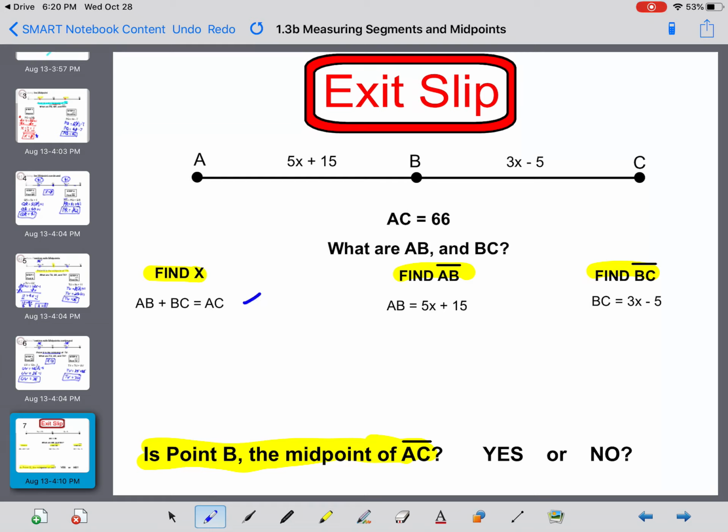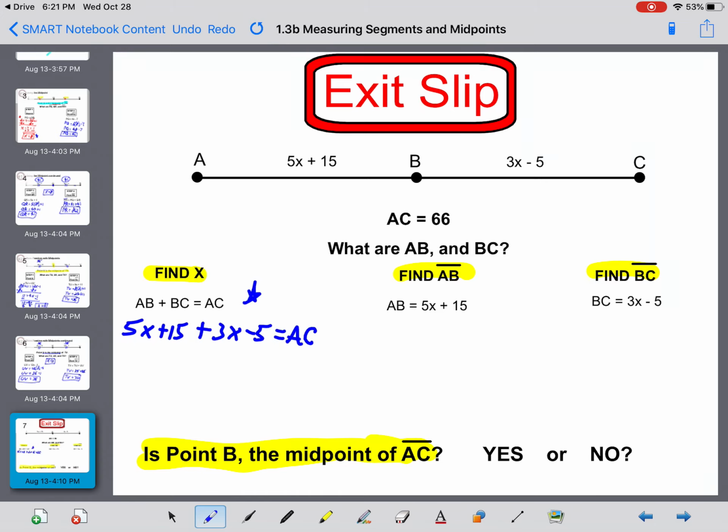So to find x, okay, you have AB plus BC equals AC. All right, so we set them equal to each other. So AB is 5x plus 15 plus 3x minus 5 equals AC.